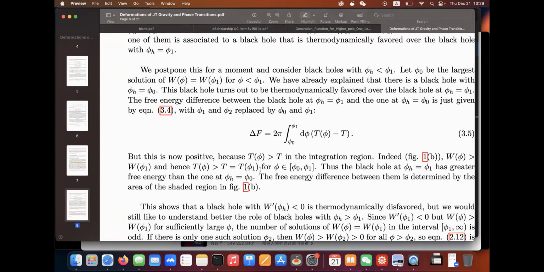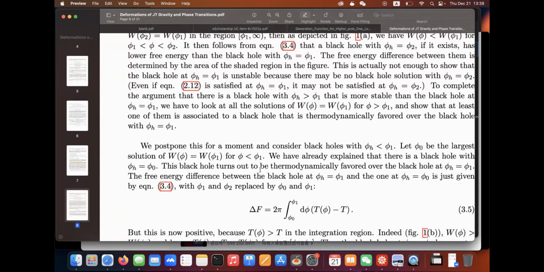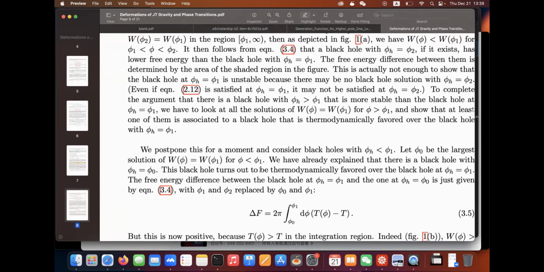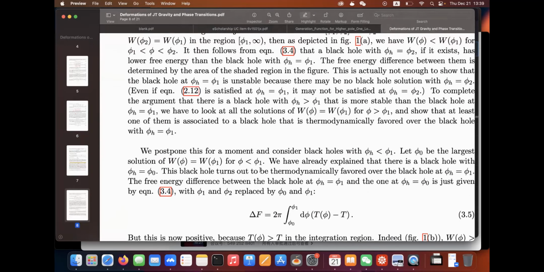Then you will have some discussion. Maybe I need to record another video, because here I need to plot some figures to show the idea of this equation.